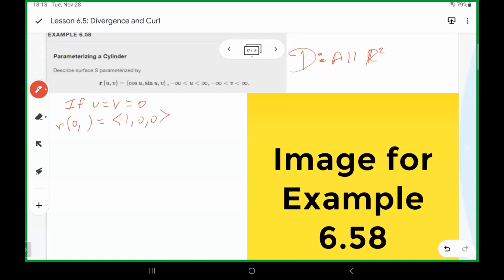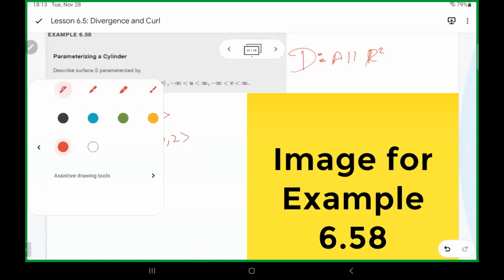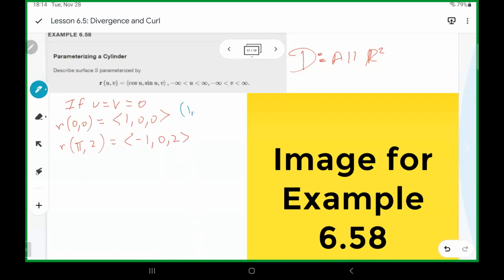Similarly, you would have r(π, 2), and you would get the point (-1, 0, 2). And I guess I'll write in another color.